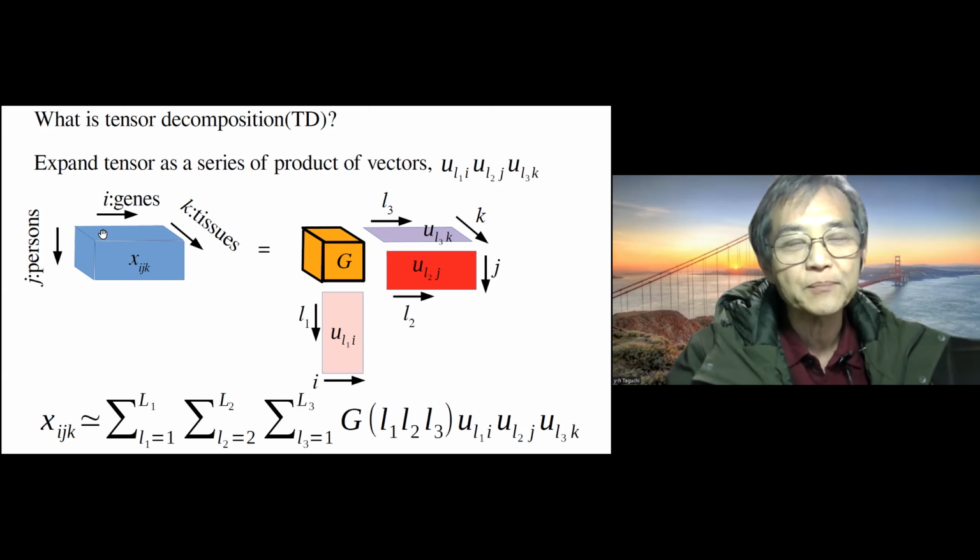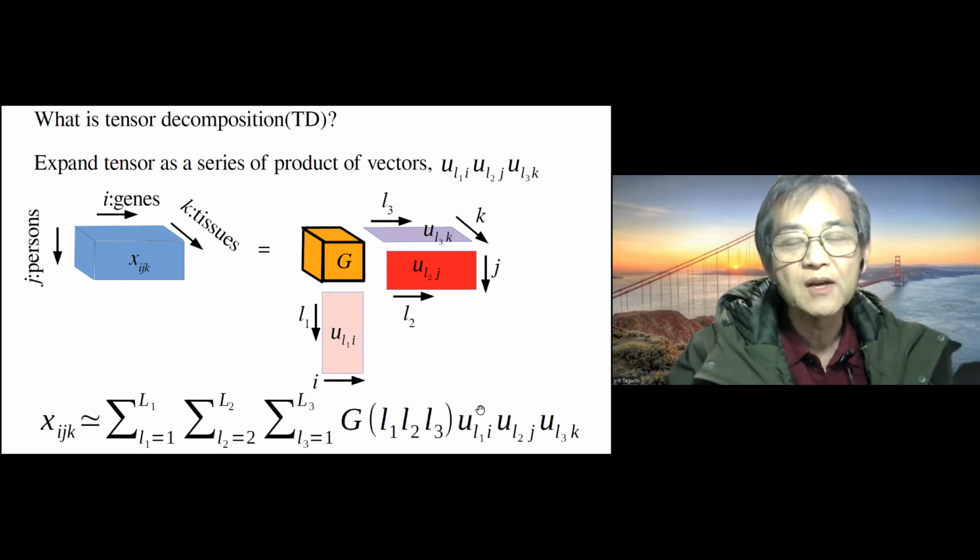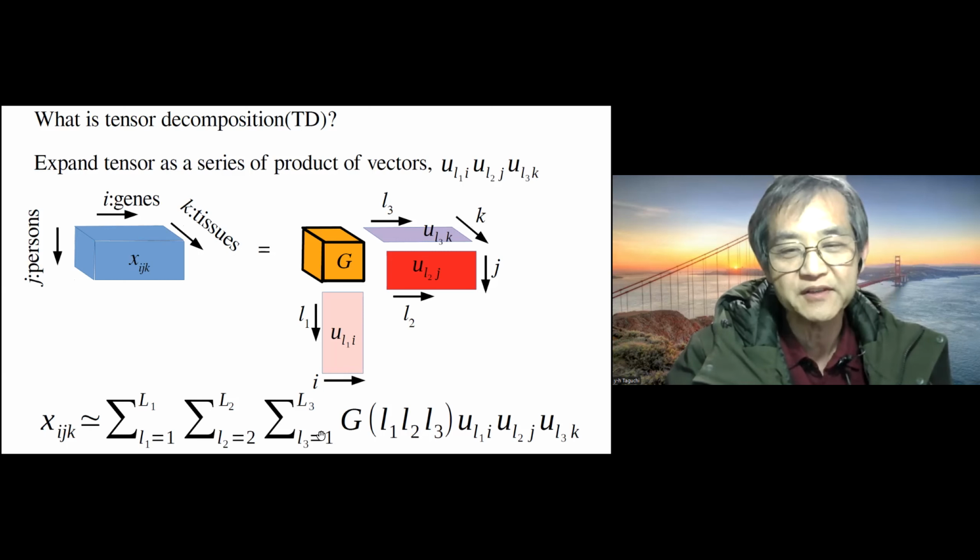Using tensor decomposition, we can decompose x_ijk into the product of a gene vector, a person vector and a tissue vector. We need many of these products, so we take a sum of many products, and this is the weight of each product. Then the tensor is expanded as a sum of products of vectors in series format.